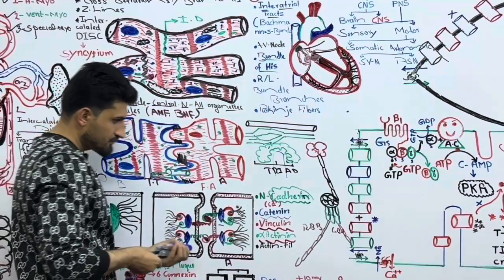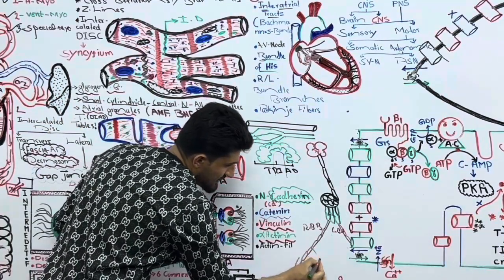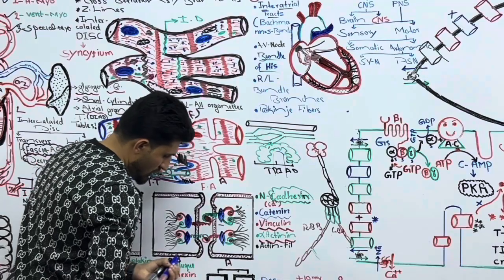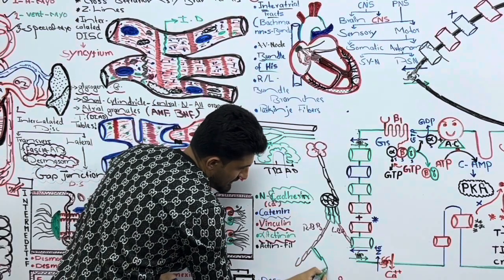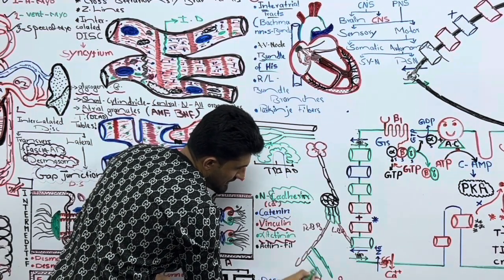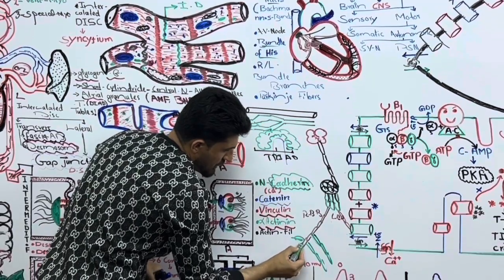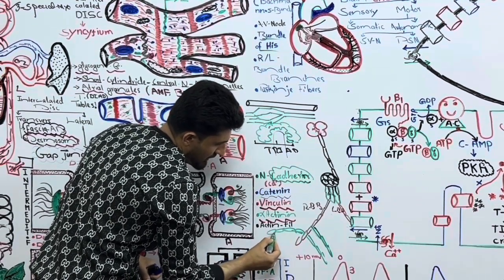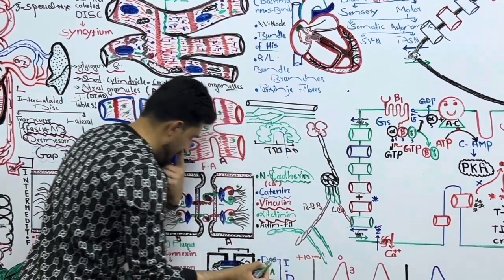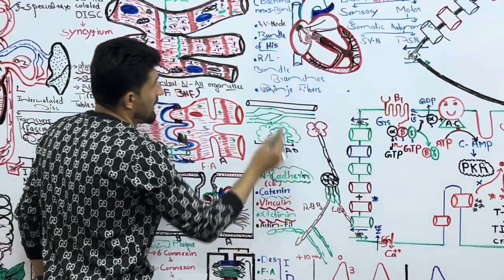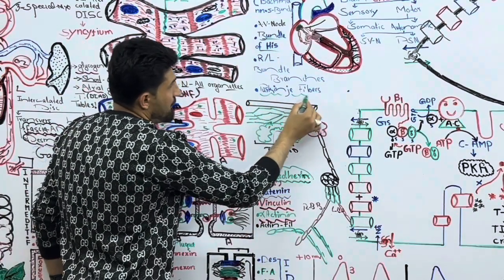Then from each branch a group of cells emerge, small projections of special myocardial cells interconnected by gap junctions, and they are called Purkinje fibers.